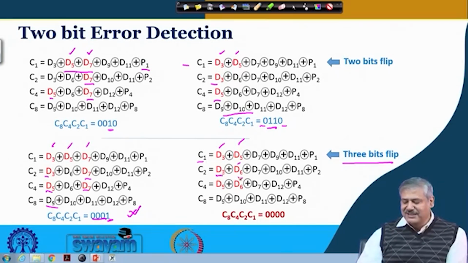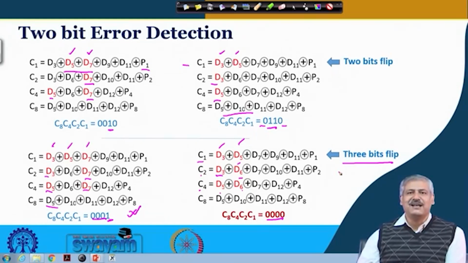D3, D6 is over here, 2 bits got flipped, it will be 0. D5, D6 is over here, 2 bits got flipped, so it will be 0. And in this case, none of D3, D5, D6 are there, so it will generate 0. So, 3 bits are erroneous, but the output is 0. So, it will be seen as no error in the code word. That is why we are saying that it can detect 2 bit error and can correct 1 bit.